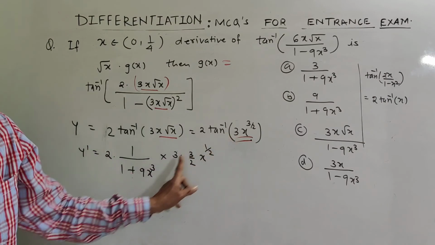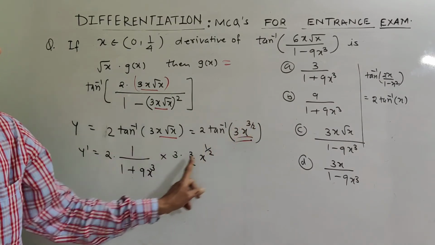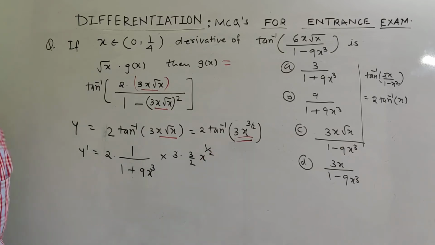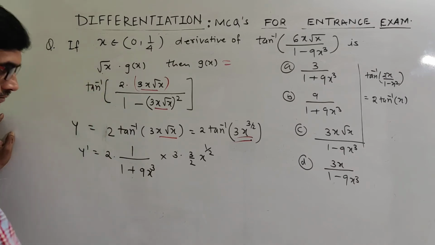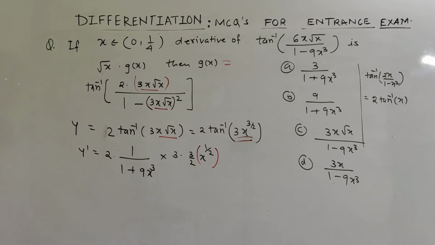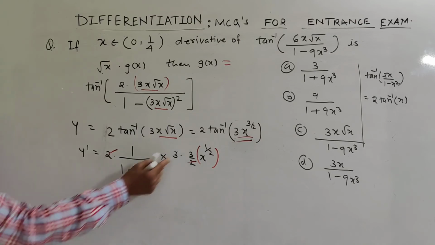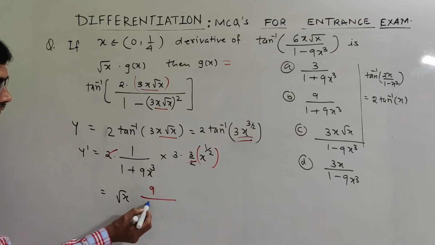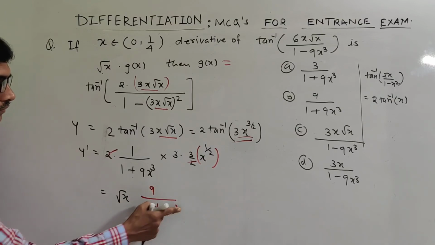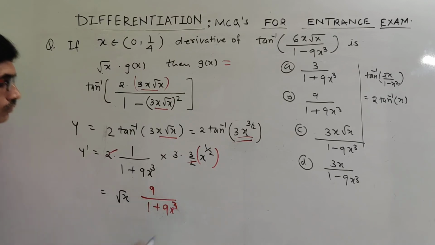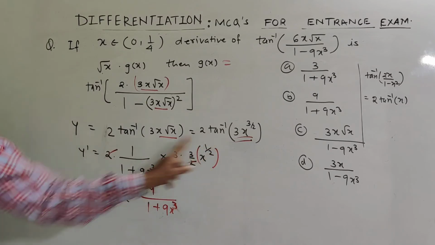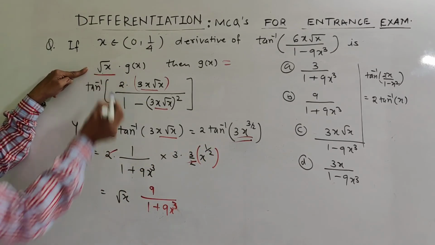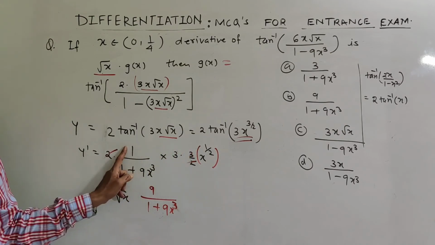So that is root x. This 2 cancels with this 2, and 3 into 3 becomes 9, so it is 9 upon 1 plus 9x cube, and we write root x here as required.